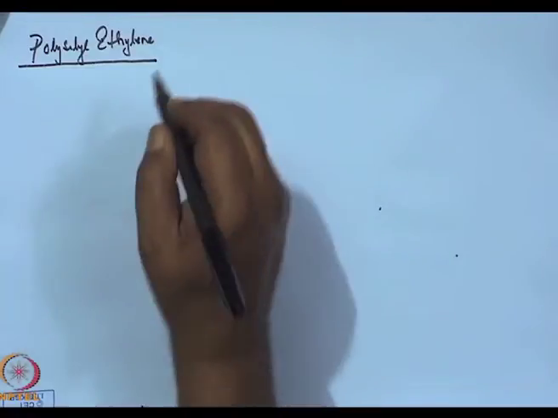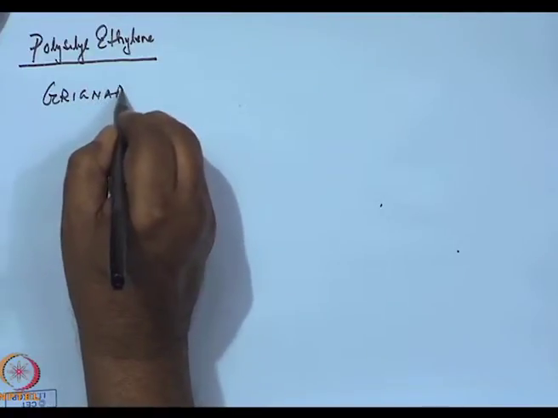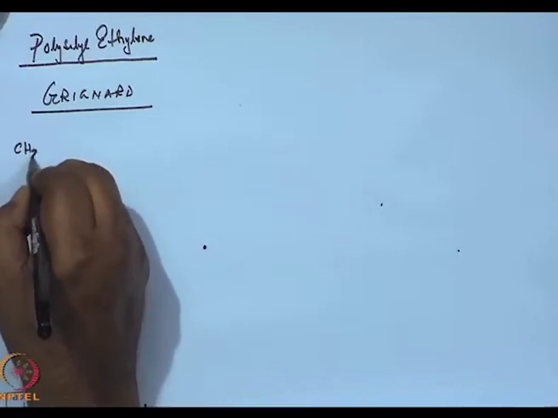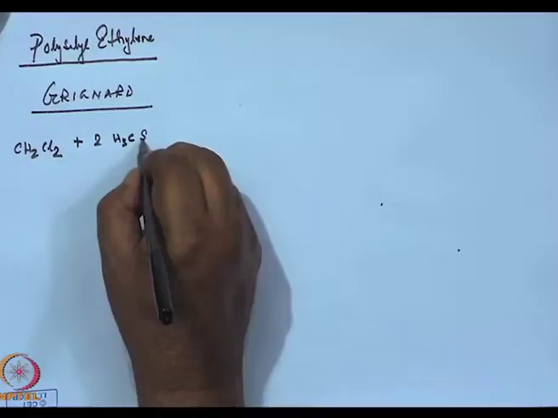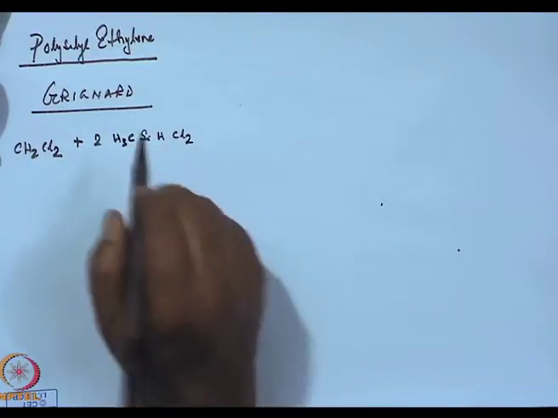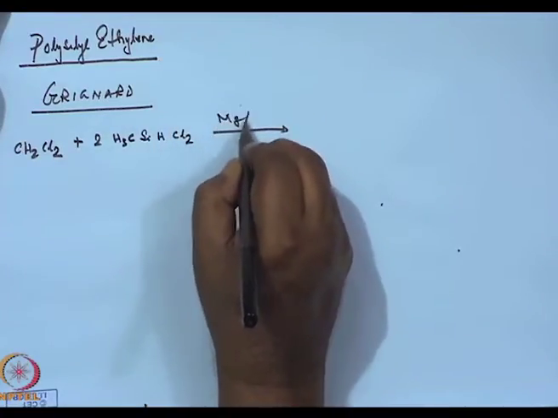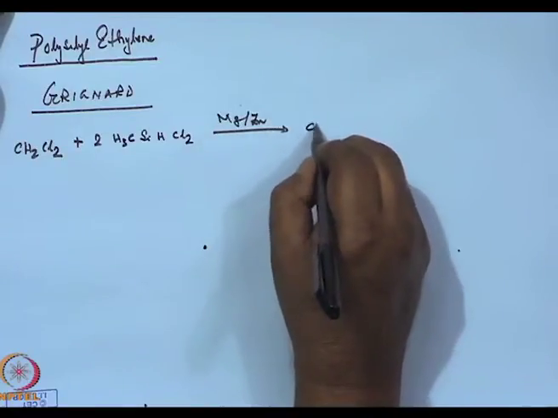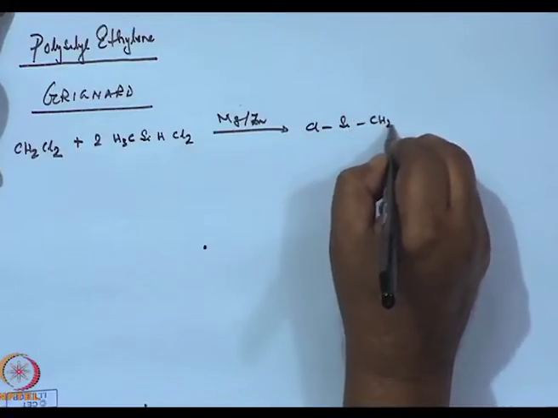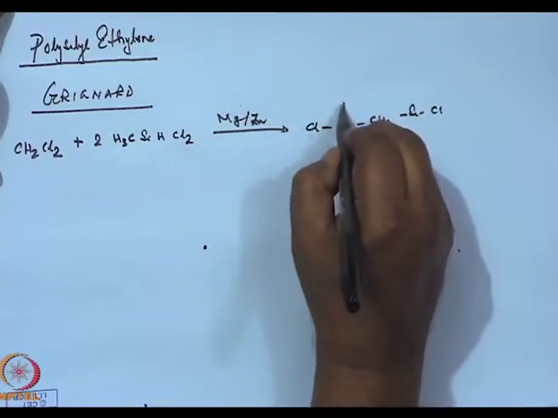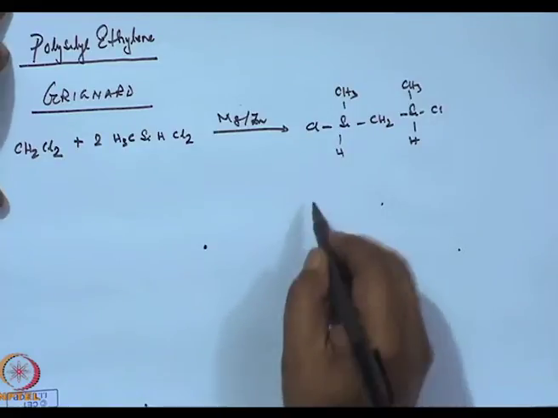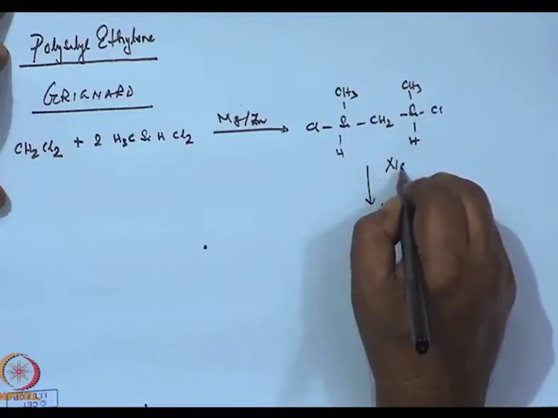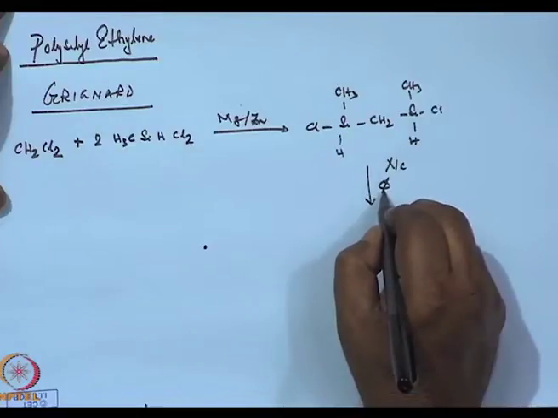So, let me use a Grignard reaction for the purpose. Phi for phenyl group.